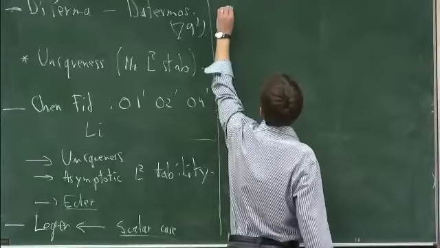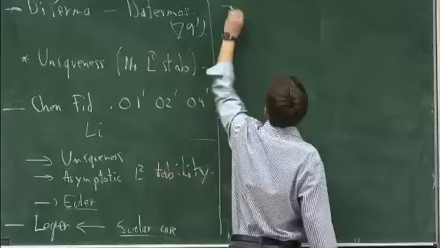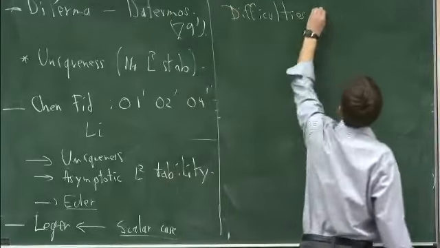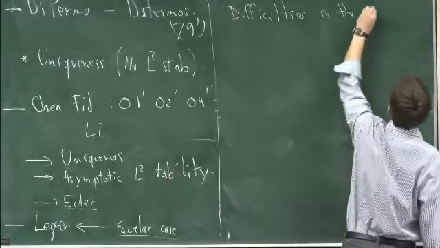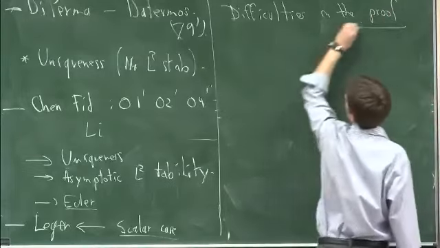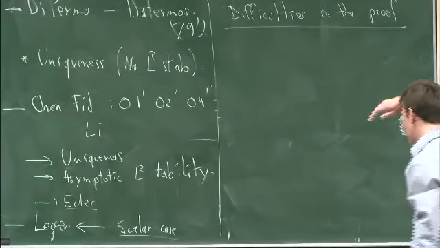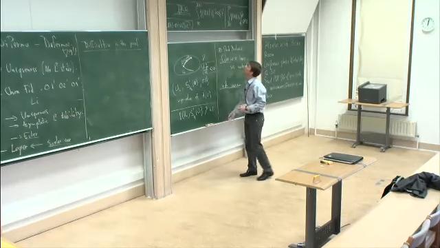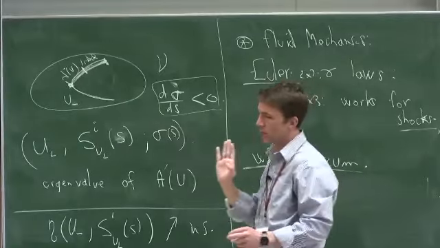So the proof. Let's talk about difficulties in the proof. Before that, at the end, what we are interested in is to find this x of t.